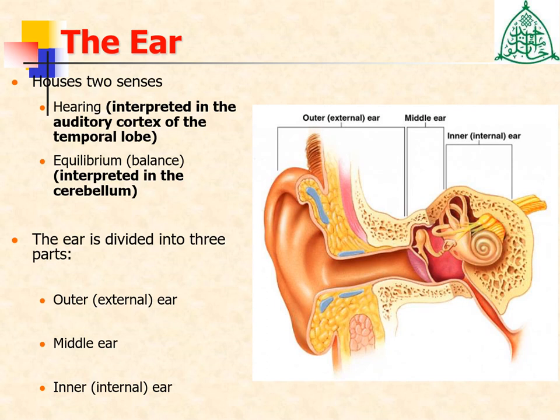Basically, for the purpose of description, the ear is divided into three parts. We have the outer or external ear, the middle ear, and the internal ear.